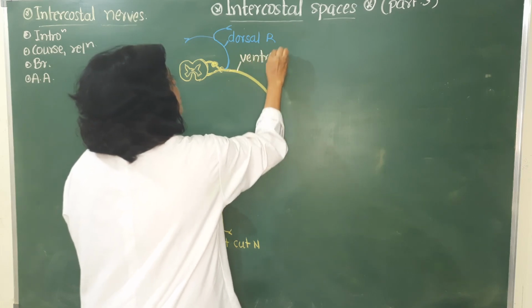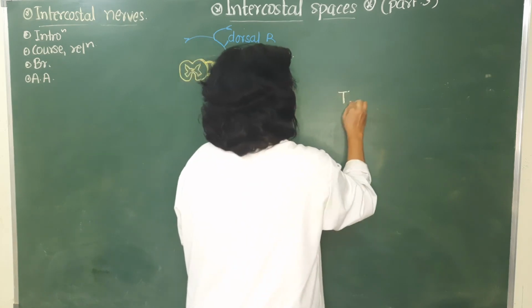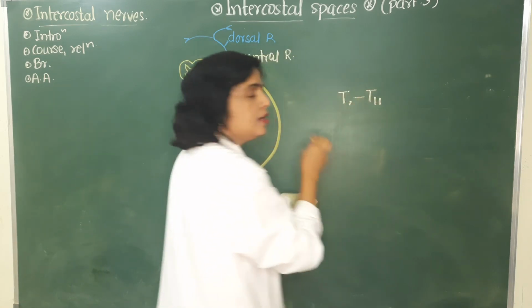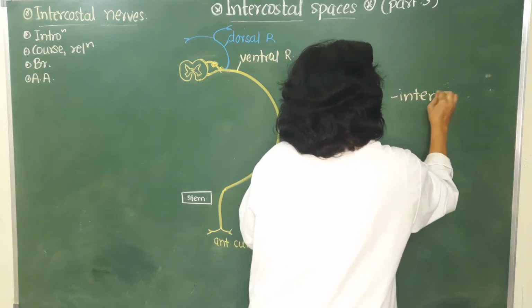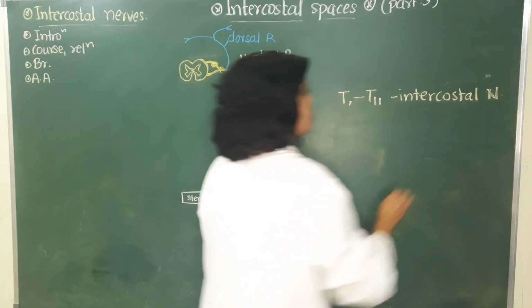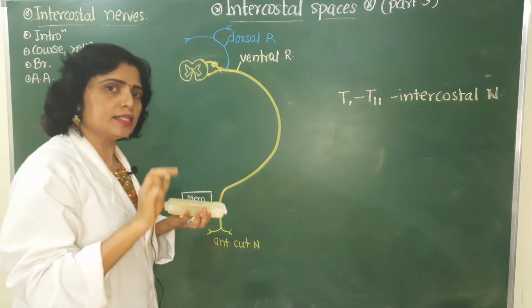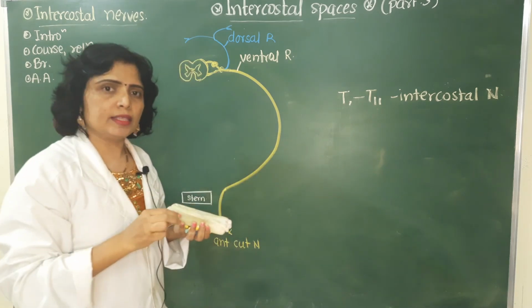Ventral rami of the thoracic nerves T1 to T11 spinal nerves are called the intercostal nerves because they traverse in the intercostal spaces. So intercostal nerves are nothing but the ventral rami of T1 to T11 spinal nerves.